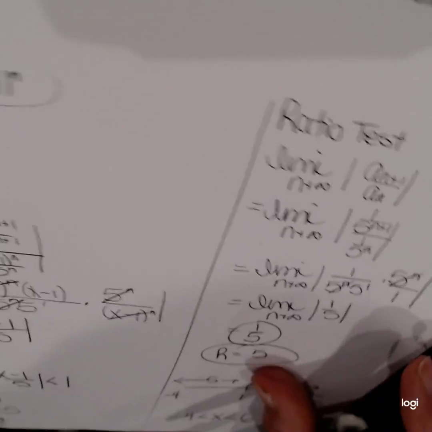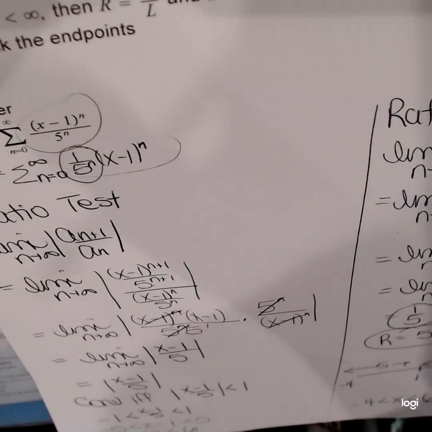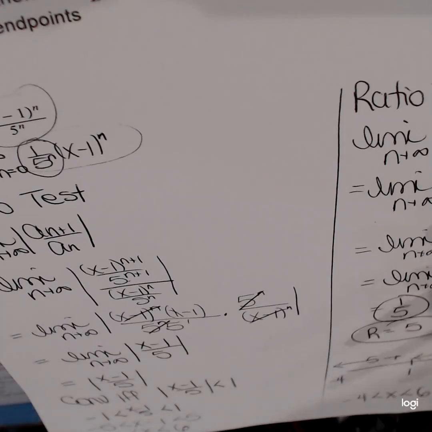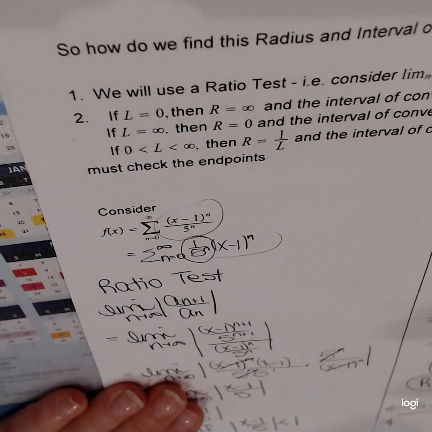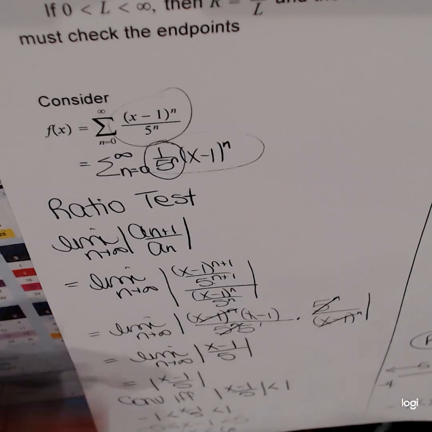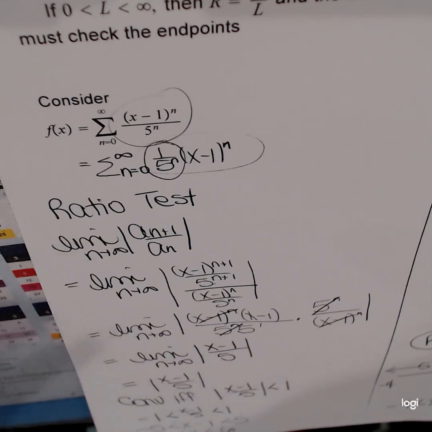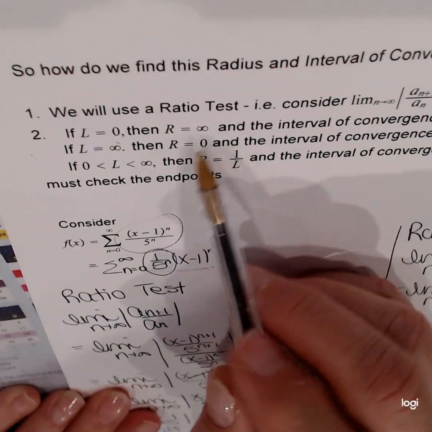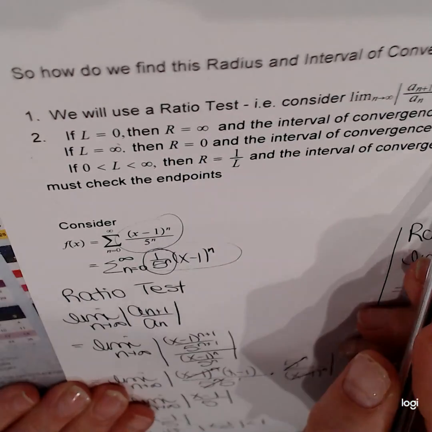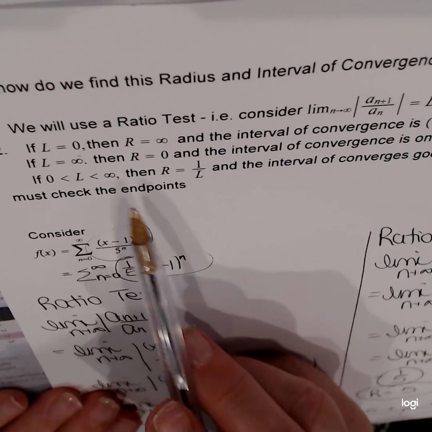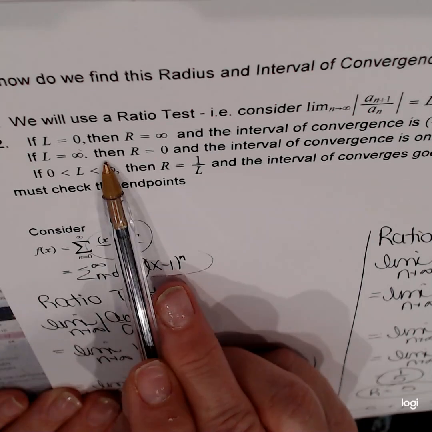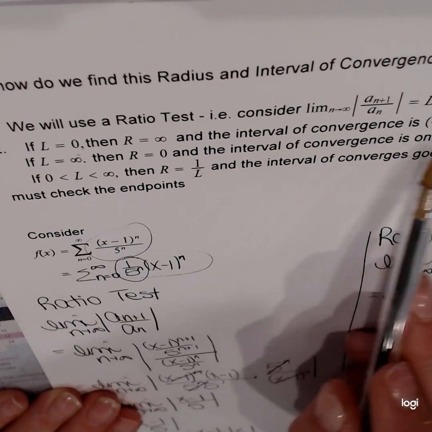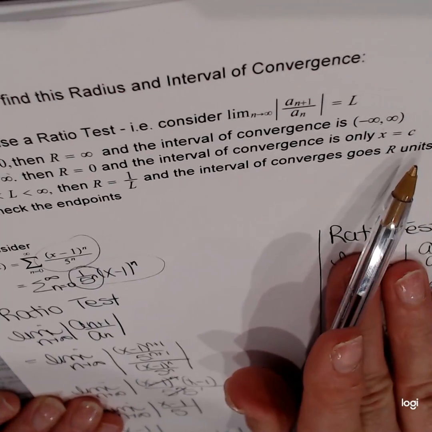So what I really wanted you to see, and we're going to do some more examples so you can see exactly how this works, is that whether you choose to do it the long way or using the shortcut I've given you here, you still get the same result. If you get back a value of 0, you converge for all real numbers between negative infinity and positive infinity. If you get back a value of infinity, then you converge only at the point at which it is centered.